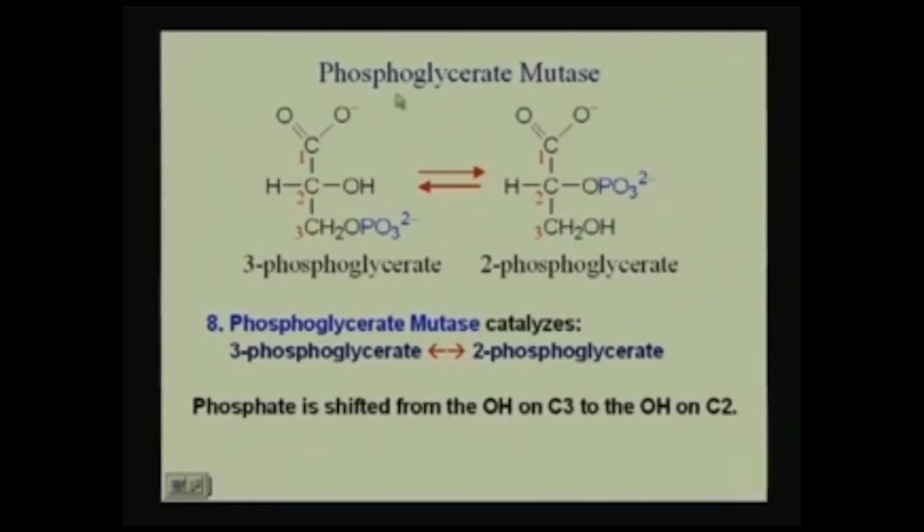After the action of phosphoglycerate mutase, the phosphate moiety is shifted from the third carbon atom to the second carbon atom. So the phosphate is shifted from the OH on C3 to the OH on C2. So we have a shift here.